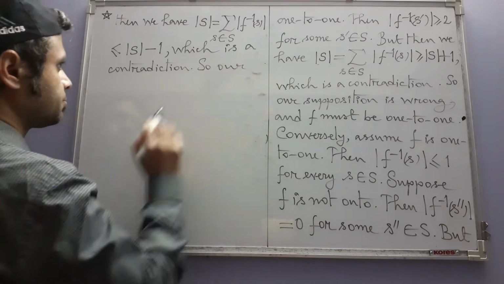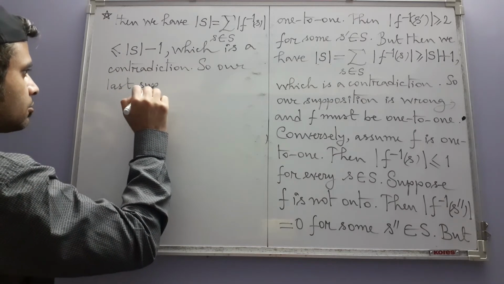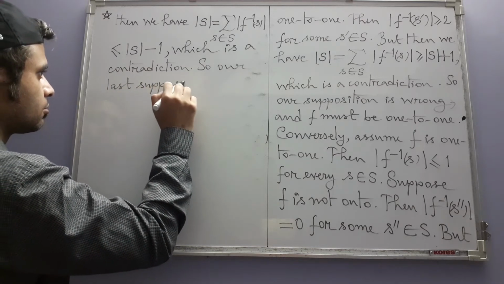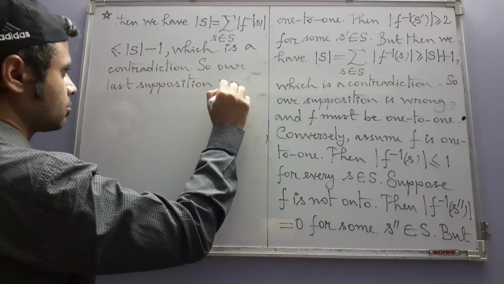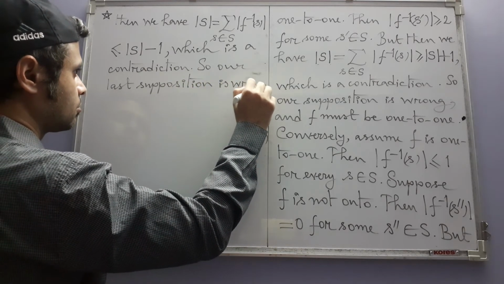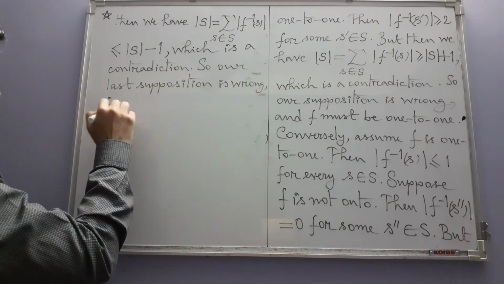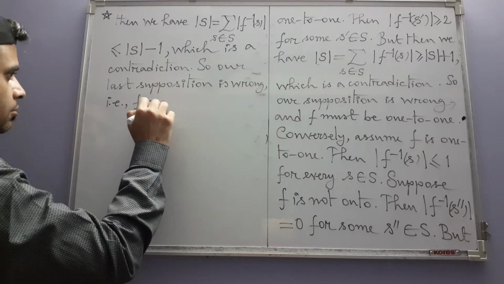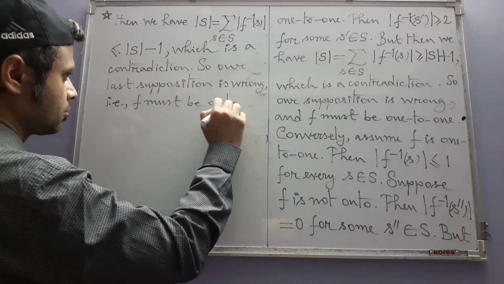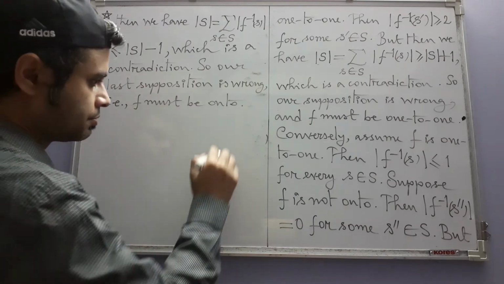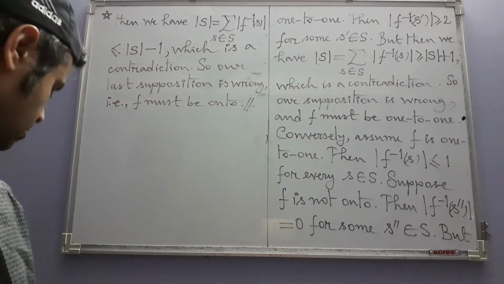So our last supposition is wrong, that is, f must be onto, and this completes the solution.